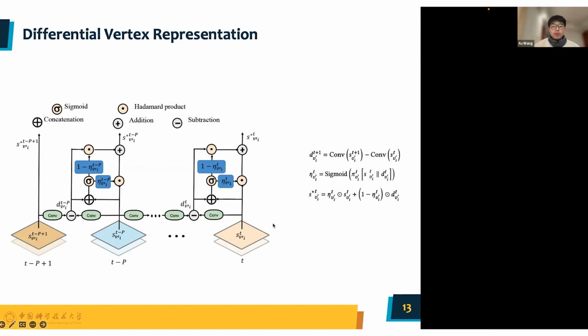Then the differential features are combined with the original input feature to generate a weight eta, which is used to weight the differential features and the original features.